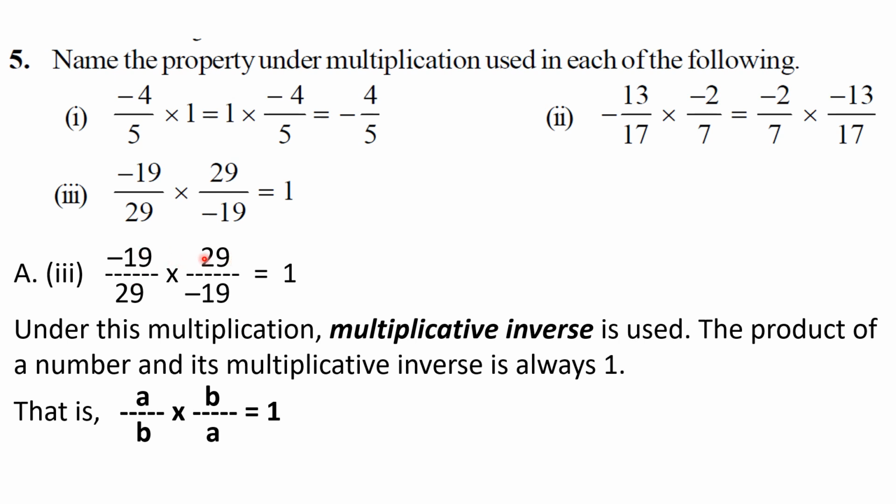So their positions are interchanged. Both these numbers are nothing but the multiplicative inverses of each other, and the product of a number and its multiplicative inverse is always 1. So under this multiplication, multiplicative inverse is used. That is, A upon B into B upon A is equal to 1.